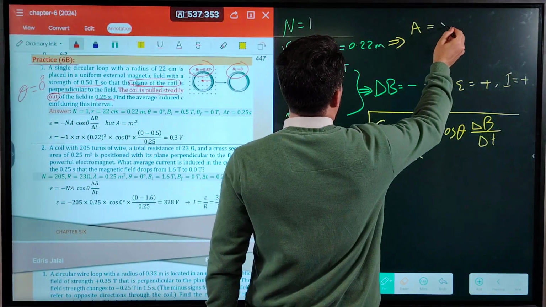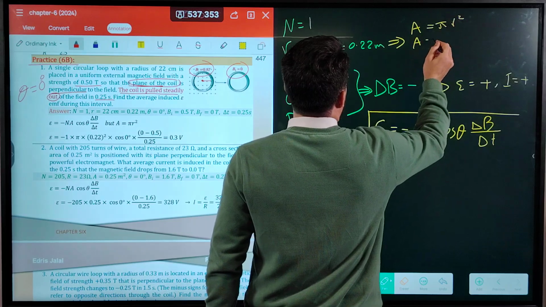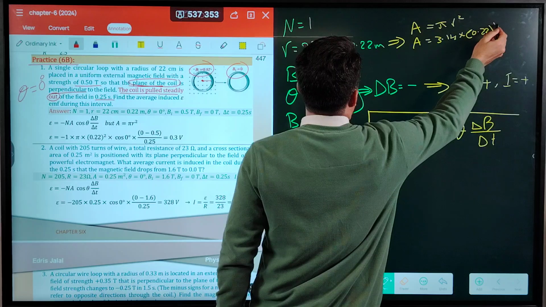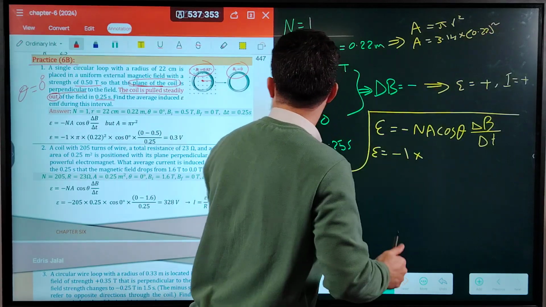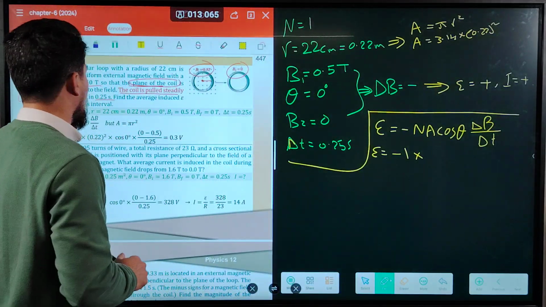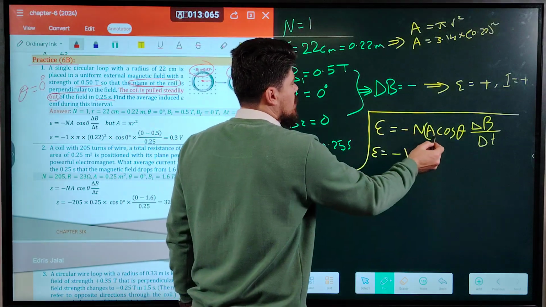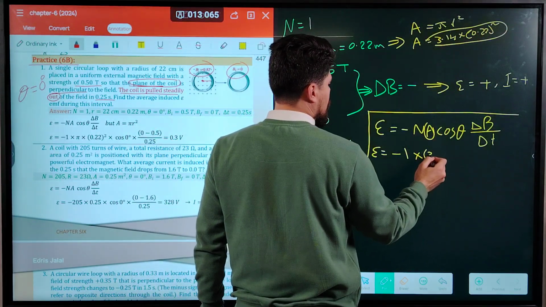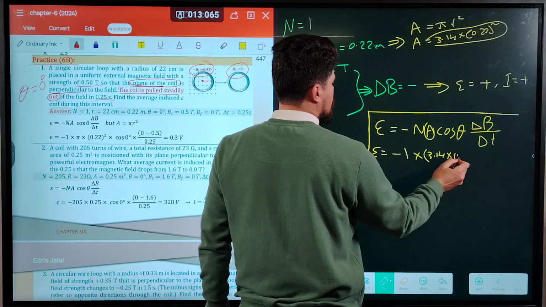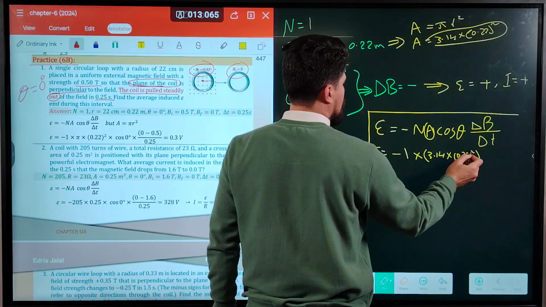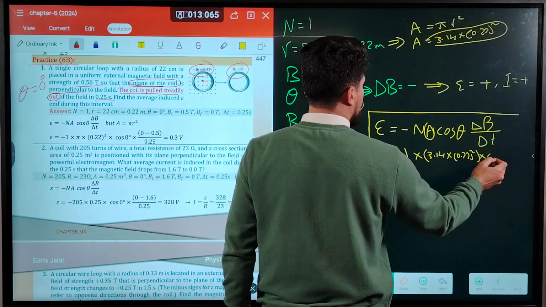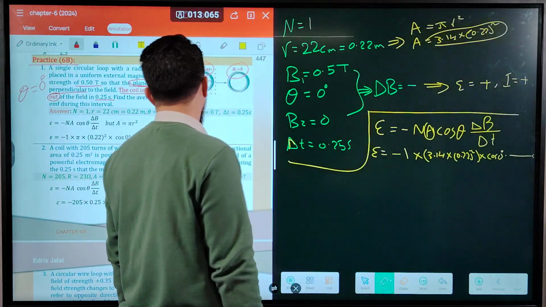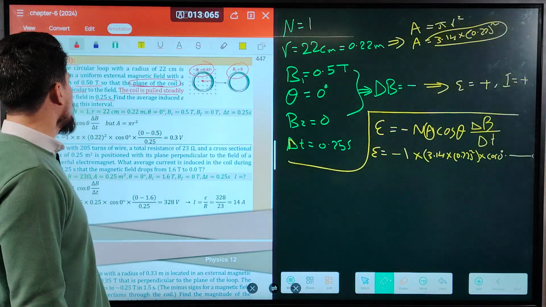Area is equal to what? Pi r squared: 3.14 times 0.22 squared. By using your calculator, you can find out and replace area with this number. 1 times 3.14 times 0.22 squared times cosine 0 is equal to 1 times the change in magnetic field, B2 minus B1.